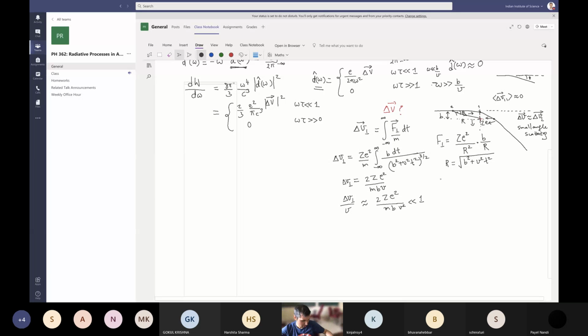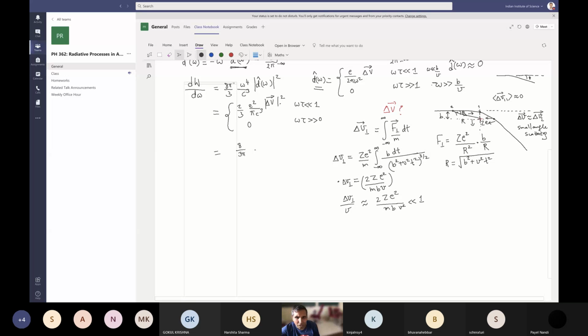So this calculation assumes this to be much less than 1. For small angle scattering and single collision, what do we get for this? So now we can actually plug in for delta V from here. So this formula becomes 8 by 3 pi. We have to just plug in this in this equation.